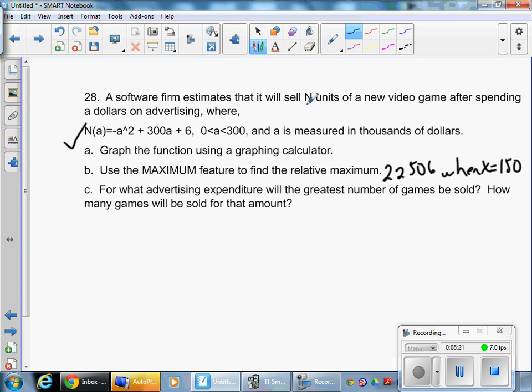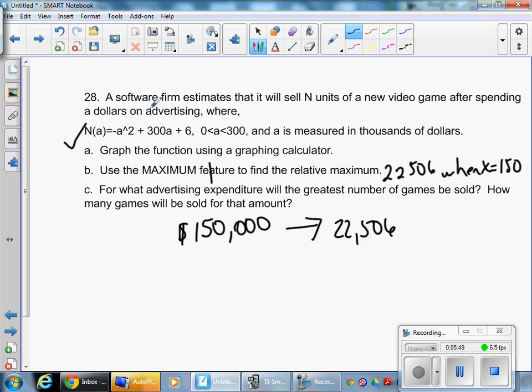So in units, N is our output, and A is the advertising dollars in thousands of dollars. So when x is 150, what advertising expenditure is that? $150,000, because it says it's in $1,000, will help us to sell 22,506 games.